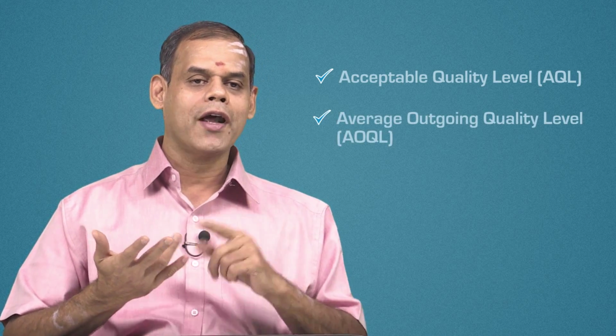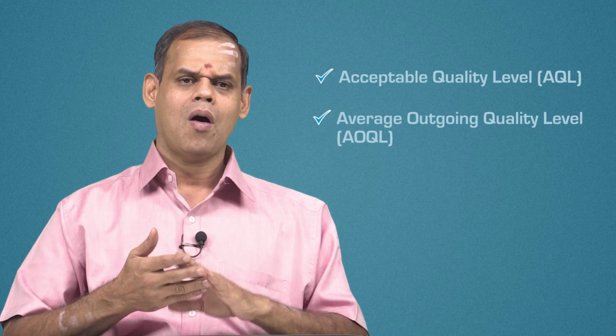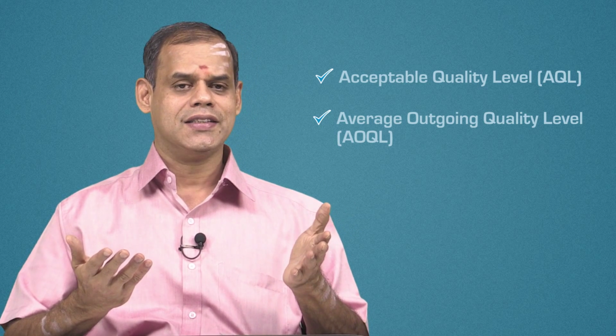In the earlier days, using principles of statistics, we managed quality with measures such as acceptable quality level, AQL, average outgoing quality level, AOQL, and so on. All these were in percentages.